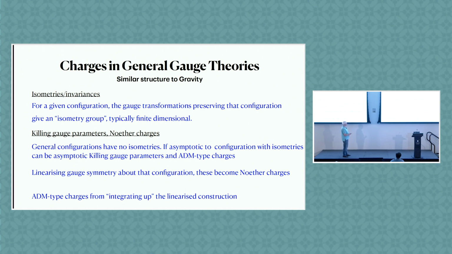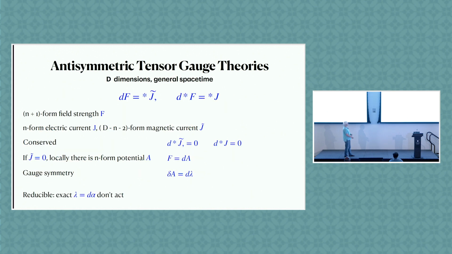In general interacting theories, general configurations will have no such invariances, but if it's asymptotic to ones with such invariances, one can define ADM-type charges, and these arise from linearizing the gauge symmetry about that configuration, for which these are Noether charges. So in other words, the ADM story for gravity generalizes to other gauge theories.